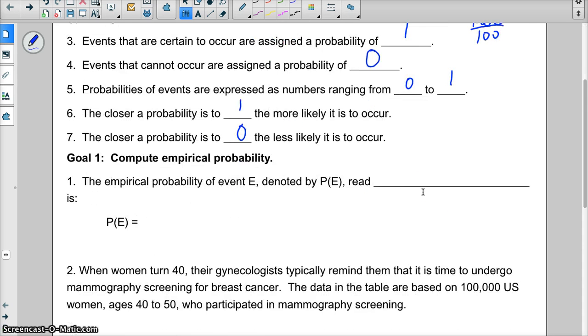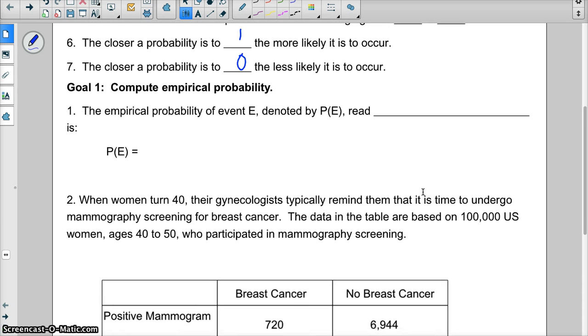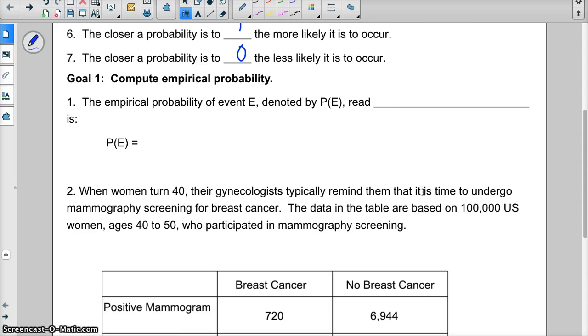So goal 1, we want to compute something called empirical probability. The empirical probability of event E is denoted by P(E). This is not P times E. This is P of E, or you read it, the probability of event E. E could represent any event.